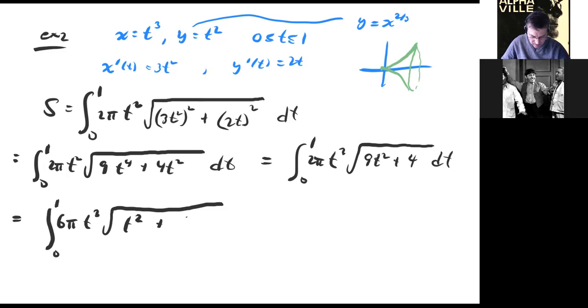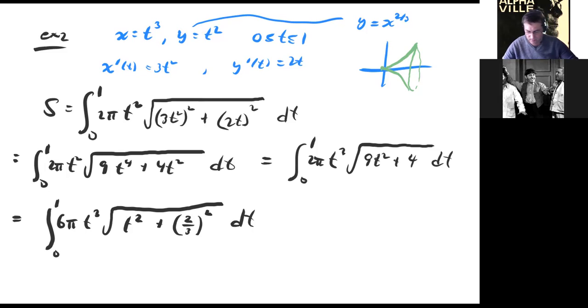And 4/9 is 2/3 quantity squared dt. And the reason I'm doing that is I'm going to do a substitution to do this integral. So let me save this slide and work on another slide to do this calculation.